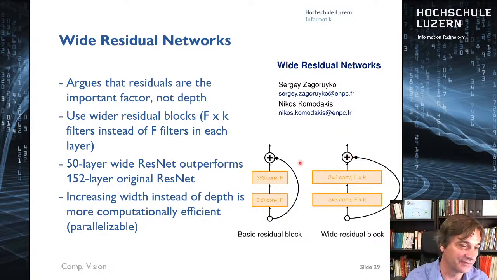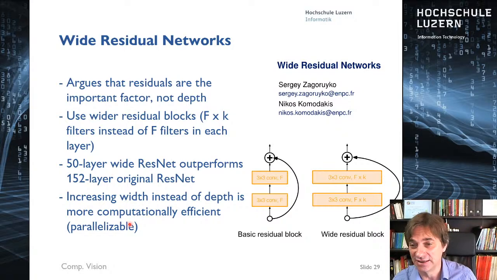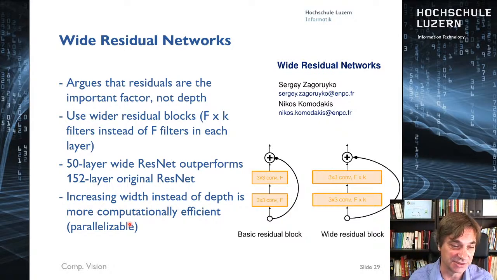So they introduced the wide ResNet, which was then better with 50 layers than the 152 layers of the original network. The motivation is that if you increase the width instead of the depth, it's a bit more computationally efficient to run on the GPU.